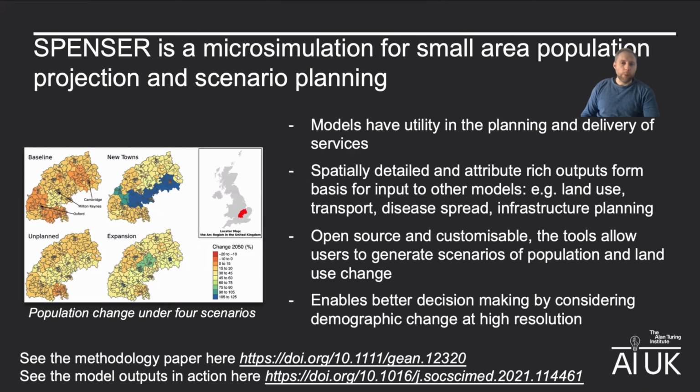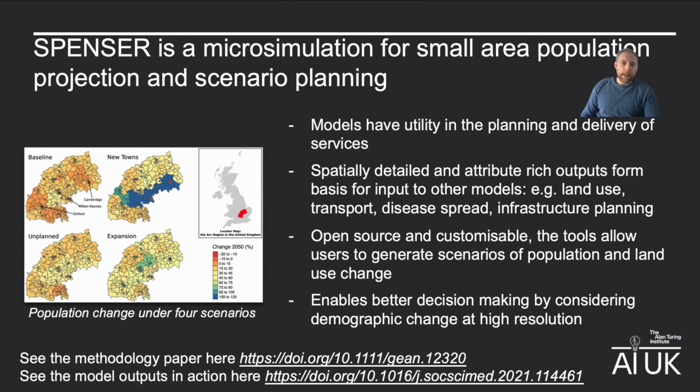So for example, we have a module within the models which allows you to have custom internal migration scenarios. So we developed a model which runs on the data analytic platform for infrastructure called Daphne. So available to users to access and use via that platform.